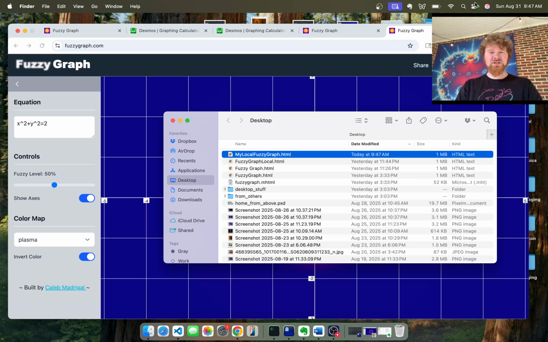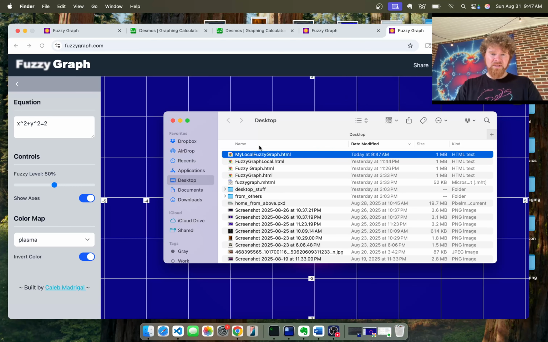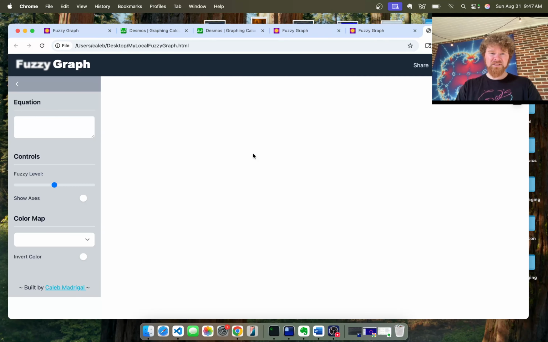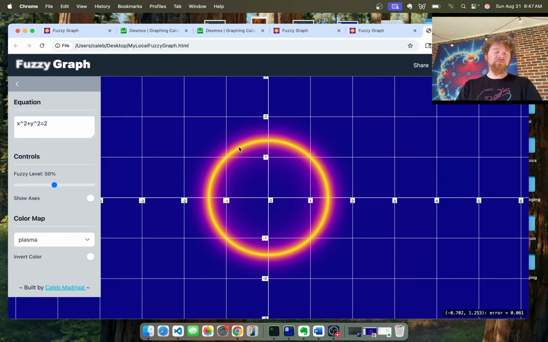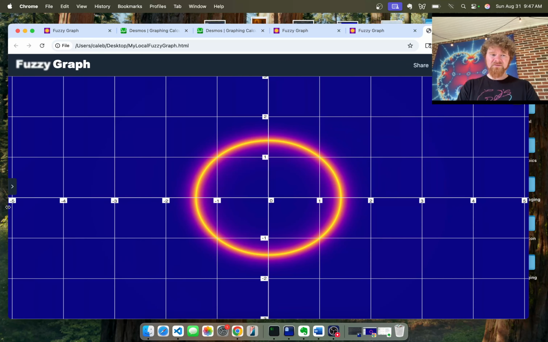And watch this. I'm actually going to go off the internet. And I'm going to open this file. It's just a file, right? But this file is itself the entire FuzzyGraph application. It's actually a 1 megabyte single completely self-contained .html file that you can download and you can use while disconnected from the internet.